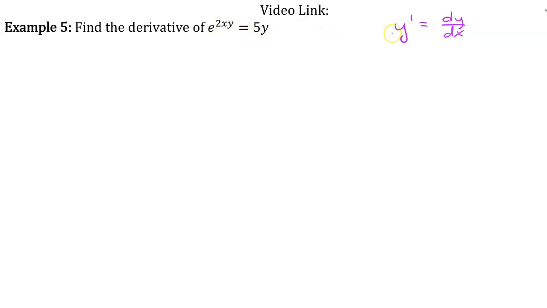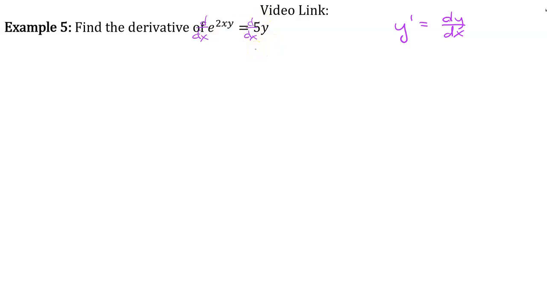So having y and y prime in the same problem can be kind of confusing. So instead, I use dy dx to make it just that little bit more obvious of what I'm looking at.